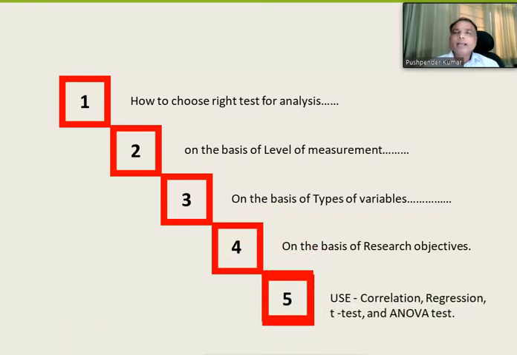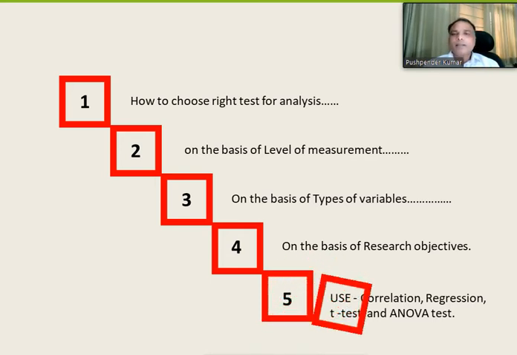Finally, we'll discuss these three criteria: level of measurement, types of variable and research objective. If you understand these three criteria, then you will be able to justify why you are using correlation, why regression, and why t-test or ANOVA. It would be very specific in which situation we should use a t-test, in which situation ANOVA, regression or correlation, and so on.